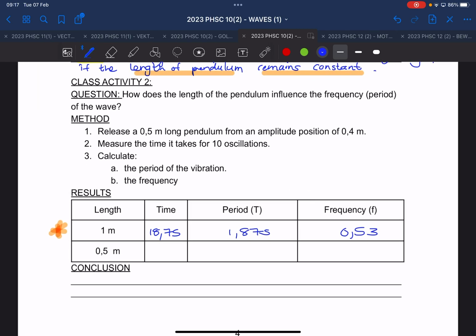Okay, so in yesterday's experiment, we took a very long pendulum. Now we're going to take one that is a bit shorter. How short exactly? It's going to be 0.5 meters. Okay, where are my helpers? We must have the same helpers because we want to keep the things constant.